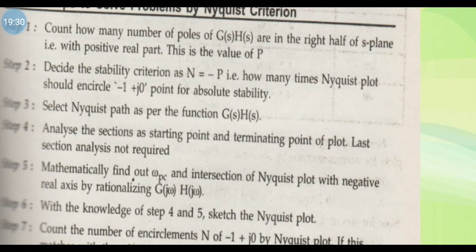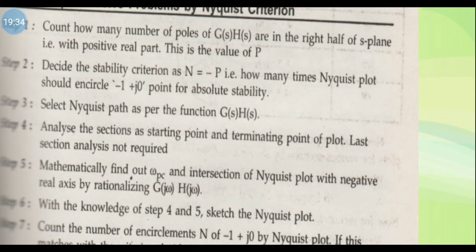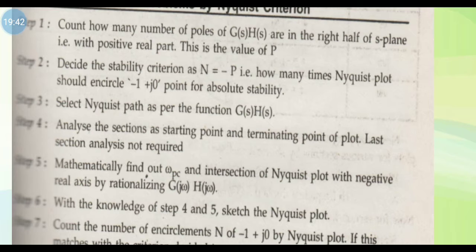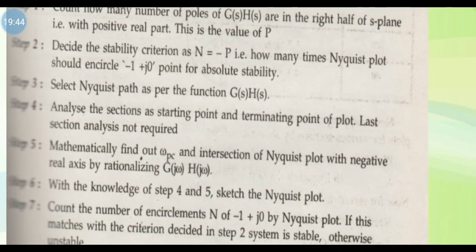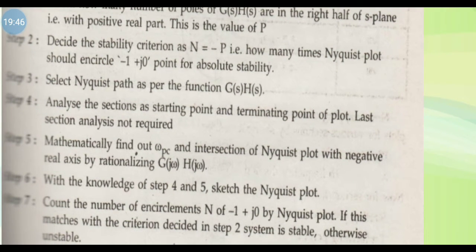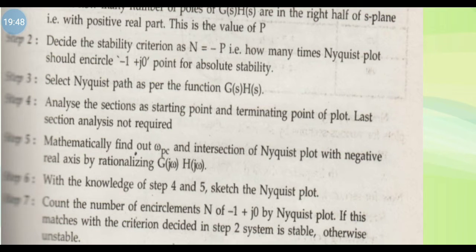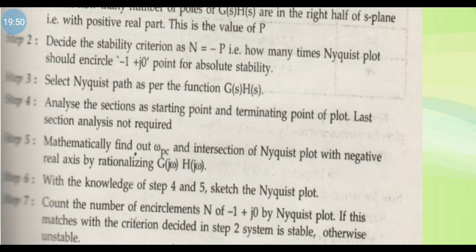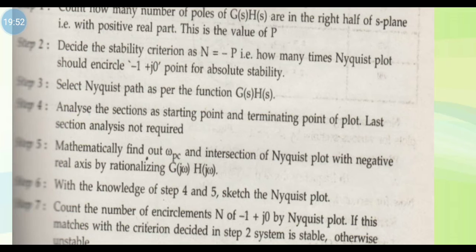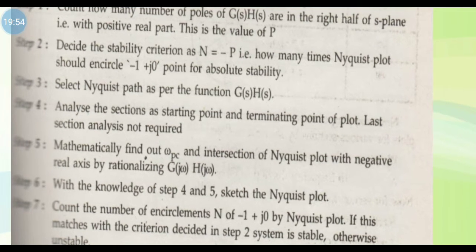Third step is select the Nyquist path as per the function G(s)H(s). Step 4, analyze the sections as starting point and terminating point of the plot. Last section analysis is not required. Step 5, mathematically find out omega pc and the intersection of Nyquist plot with the negative real axis by rationalizing G(j omega)H(j omega).